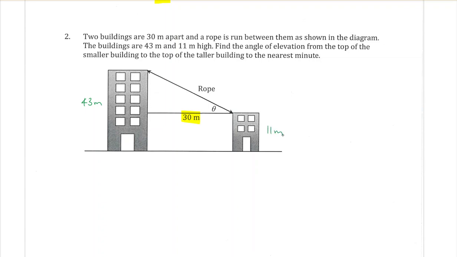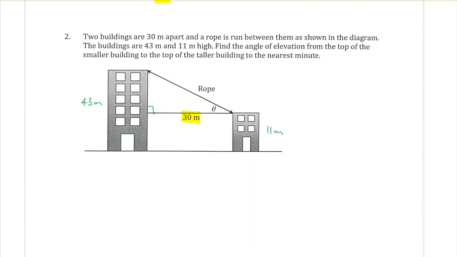building. Find the angle of elevation from the top of the smaller building to the top of the taller building. So that's the theta in there I'm trying to find. So it would have to be a right angle triangle in here, even though it hasn't stated that.